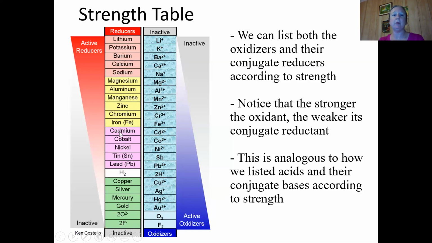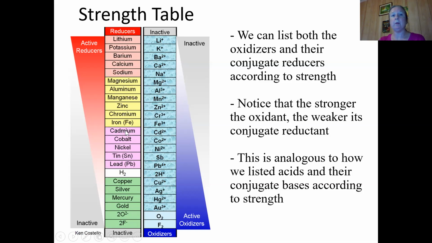It can go downhill. It cannot go uphill. Cadmium is too weak to cause magnesium ion to be reduced, to gain electrons and become magnesium. Magnesium is a stronger reducer. As a reactant, it can make cadmium as a product in a reaction with cadmium ion.